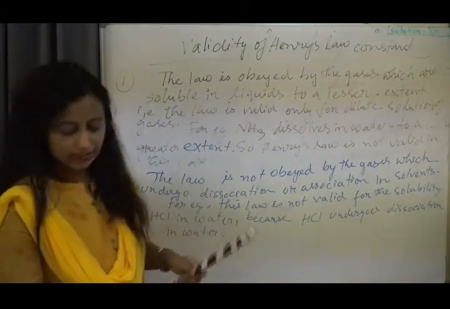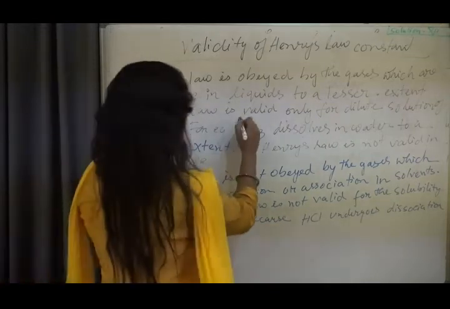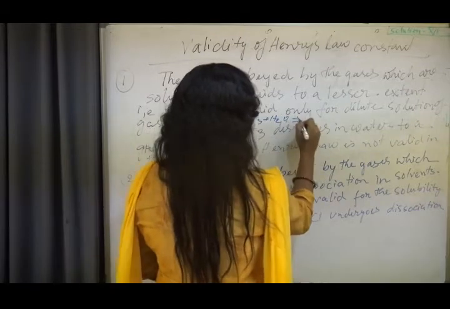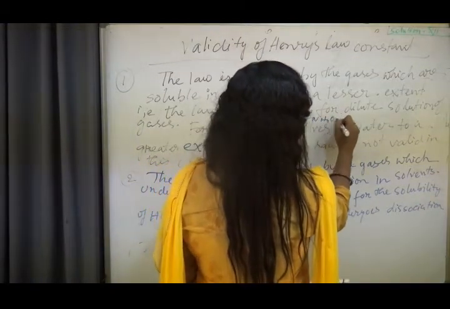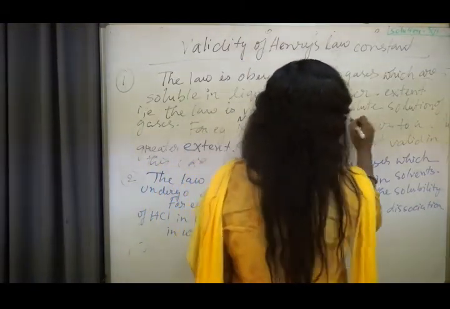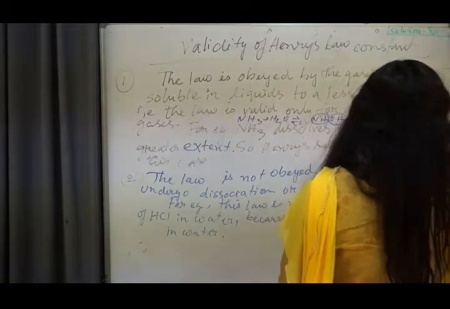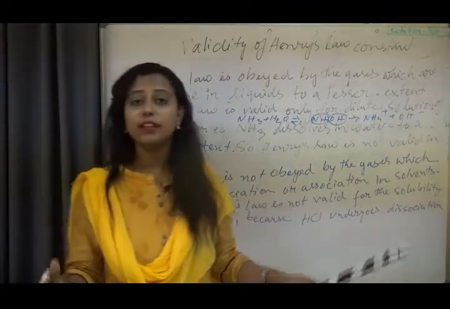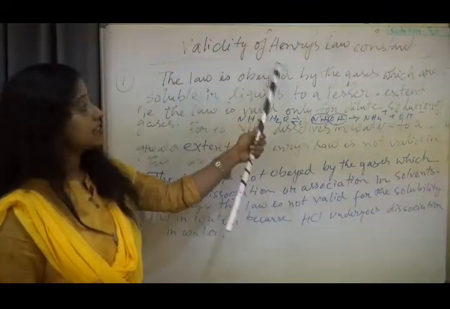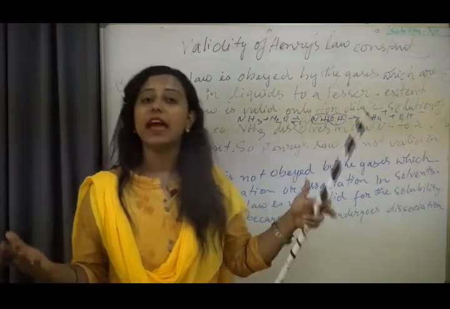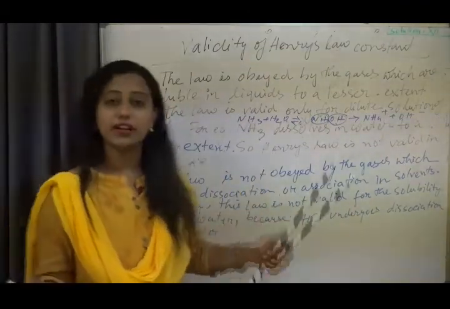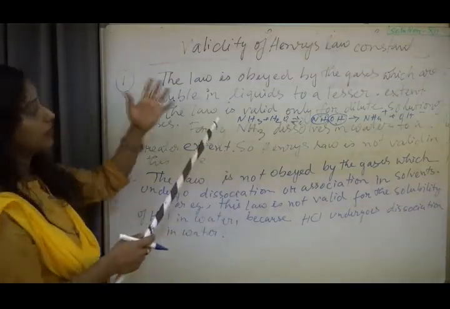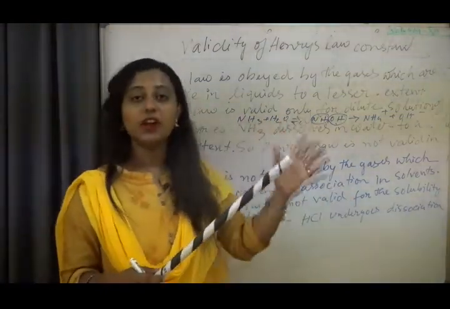We know that NH3 when dissolved in water forms NH4OH, that is NH4 plus and OH minus. So this is readily dissolved in water, and Henry's law is not applicable when NH3 gas is dissolved in water. So this is an example where Henry's law is not obeyed.